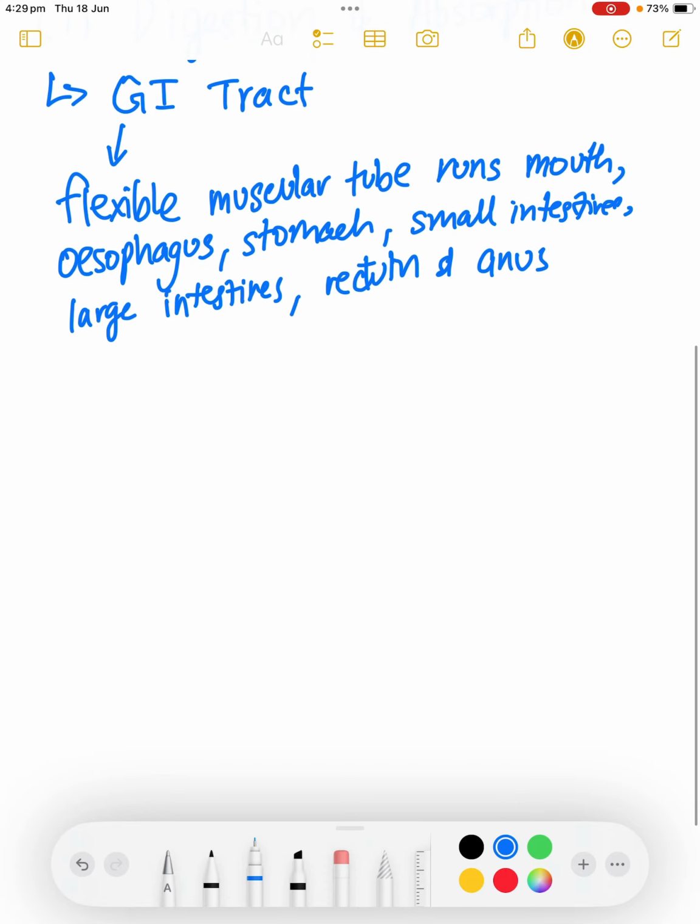Now I'll create a bit of a cartoonized figure on here and how that's going to look. Don't mind my drawing.